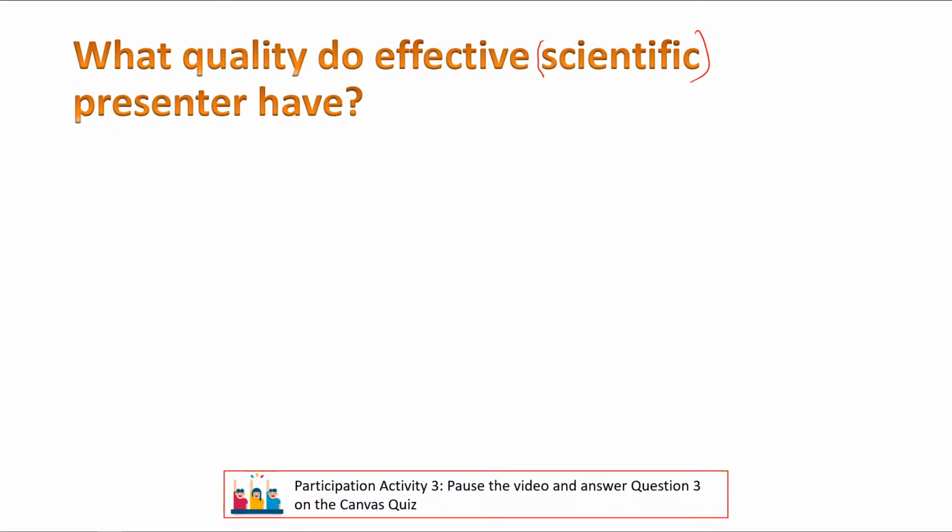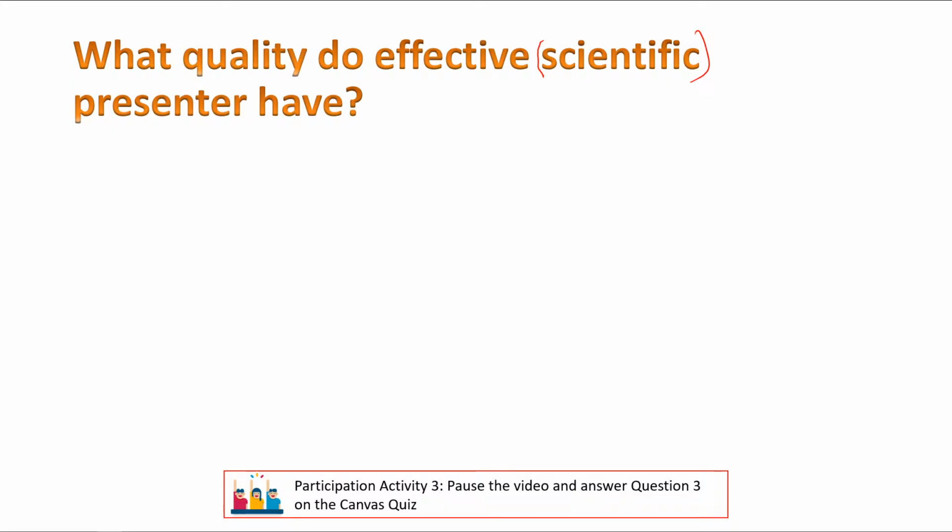Now, what else do I think? I'm trying to answer this question before I see what I have here on this slide. So my answer, the first one would be enthusiasm. The second one would be simplicity. He is presenting whatever he is presenting in its most simple form.